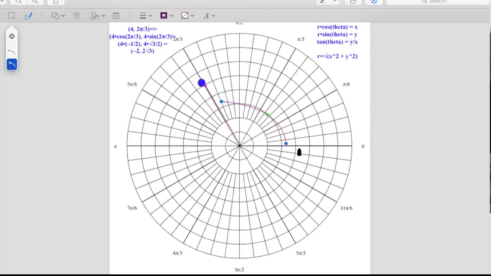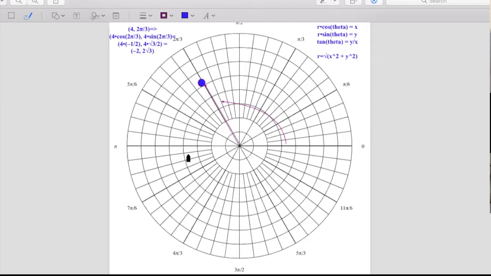But wait, there's more. We could also go around this way. Negative 2 pi over 3, negative 3 pi over 3, which is negative pi, and then one more, which is negative 4 pi over 3.